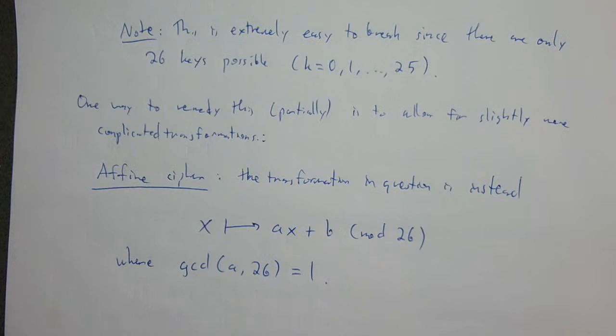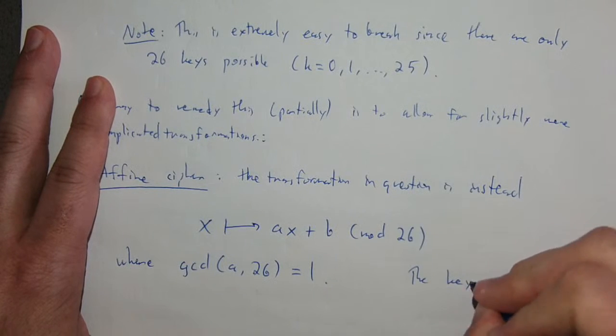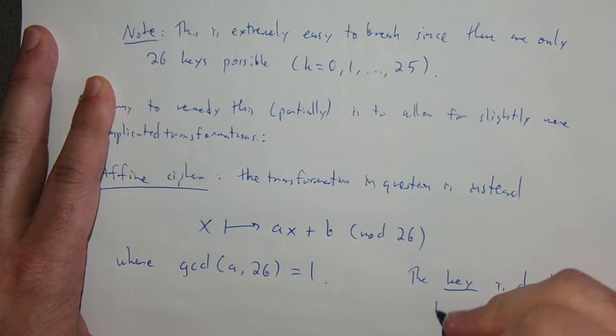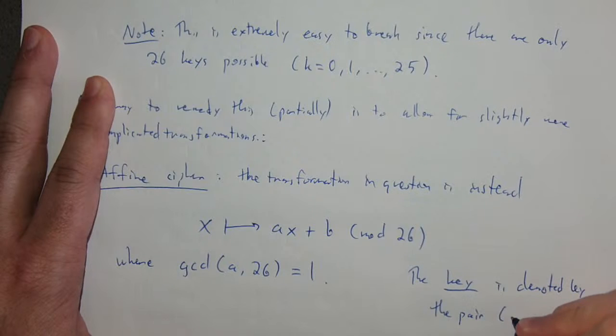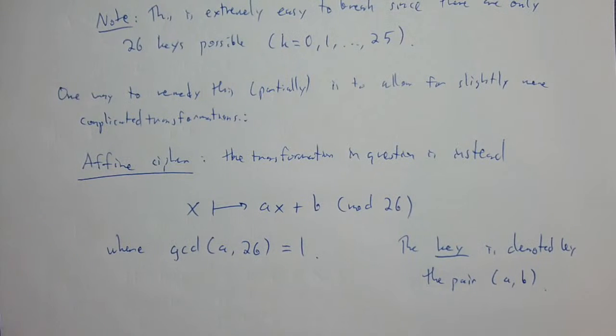But here there are two parameters that define this transformation, so the key is denoted by the pair AB. Mathematically, a key is just a way of organizing all the parameters that affect your process. In this case, the process takes X to AX plus B mod 26, and so it is affected by parameters A and B.